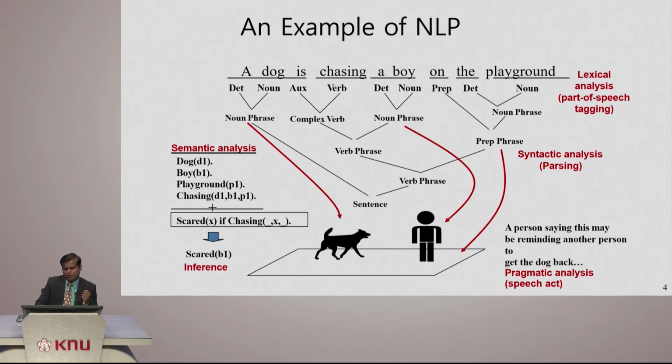So when we perform certain segmentation of words, for example, a dog is chasing a boy on the playground, we are actually performing the word segmentation here. So in this example sentence, we get features like dog and chasing.